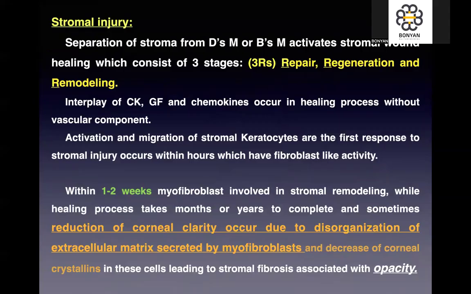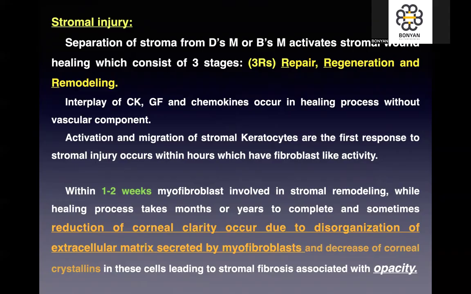Repair, to repair the lost part of the tissue; regeneration, formation and resuming the normal pattern and normal shape and normal count of cells; and remodeling to acquire its original shape, distribution, and thickness to help the normal function of the tissue.